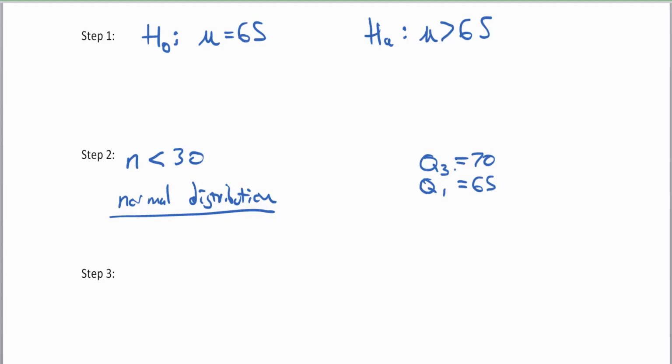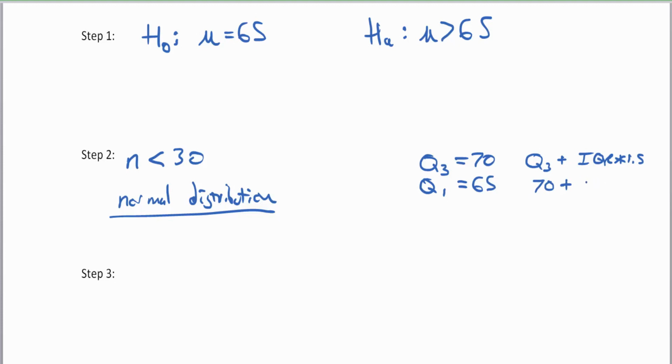Now, if I ask for this on the test, you do have to do an outlier check here. So our outlier check is to take your IQR, and then you'll multiply it by 1.5, and add that to Q3 to see if you have an upper problem or an upper outlier.